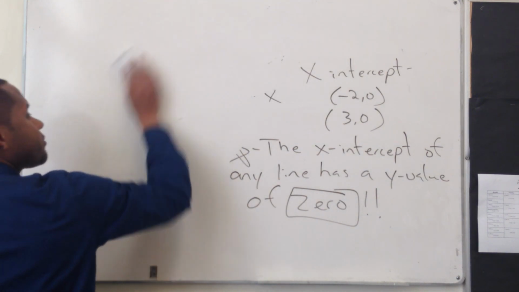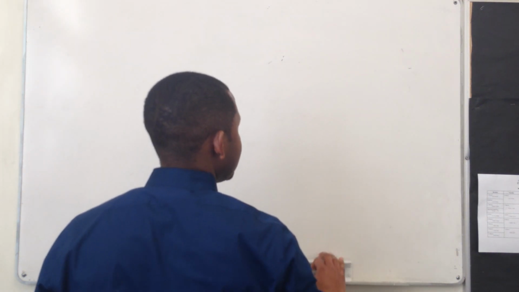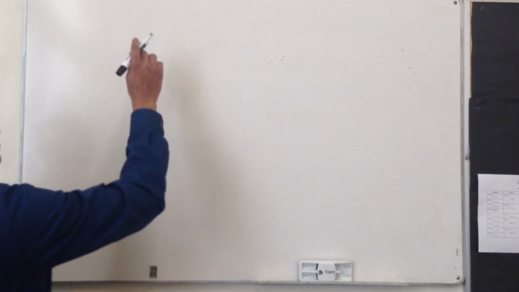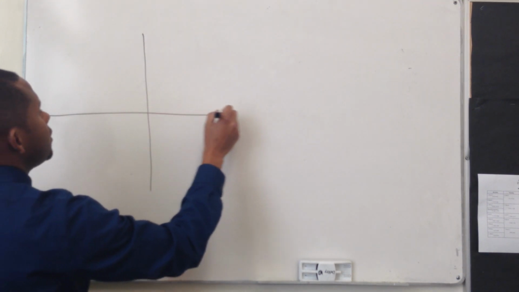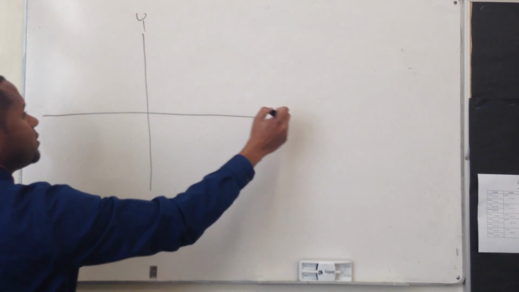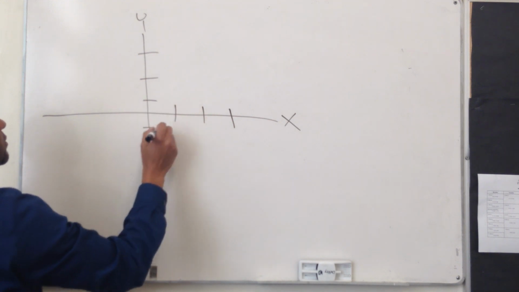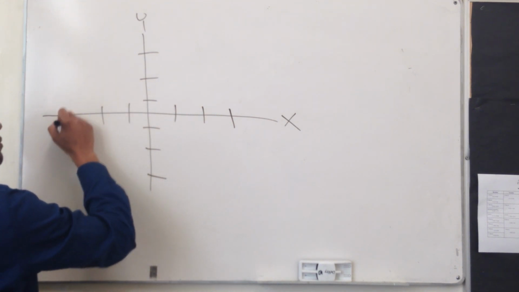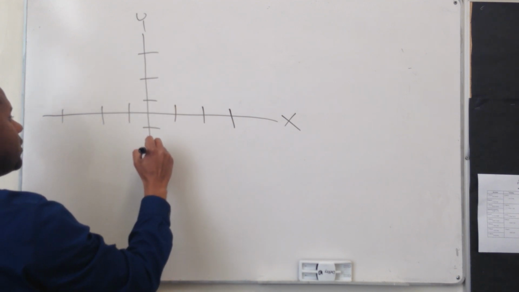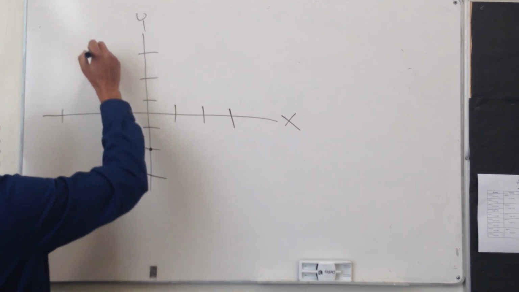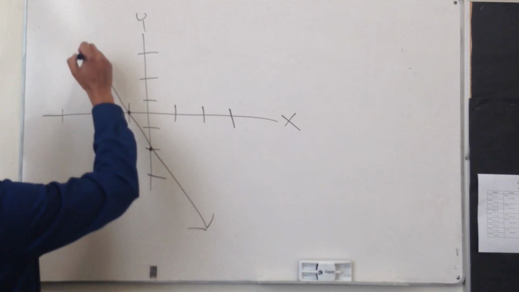So now, let's take it back and let's look at a y-intercept. Alright? So go ahead and draw a new x and y axis. Label the 3 in each direction. Alright, and draw a line that goes through those 2 points.